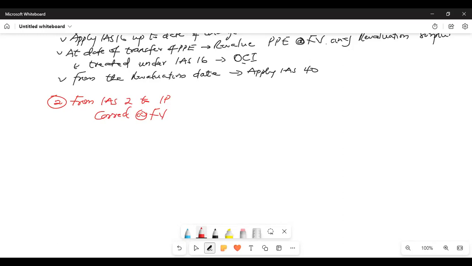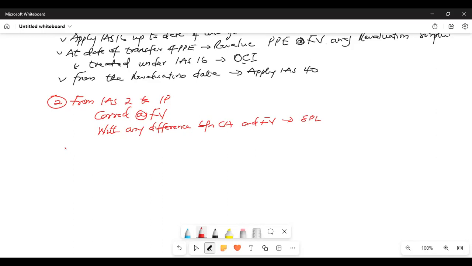So we carry it at fair value, with any difference between the carrying amount and fair value going to the SPL, the statement of profit or loss.